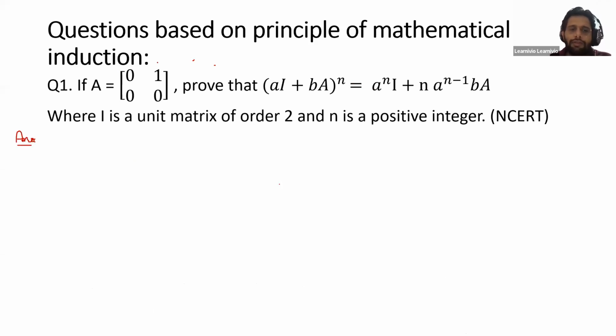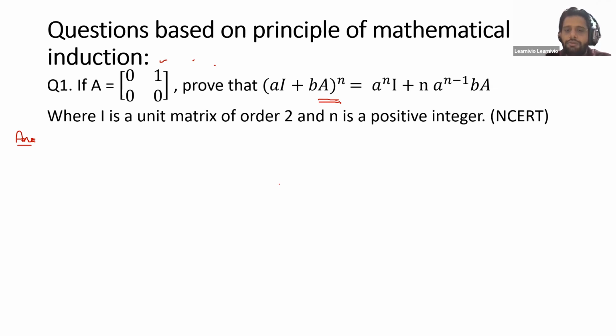In this question, it is given A is a matrix, values are given. We need to prove this LHS is equal to RHS. So always remember, if you need to prove a formula, then we can't put any value and show that LHS is equal to RHS, so this formula is correct.